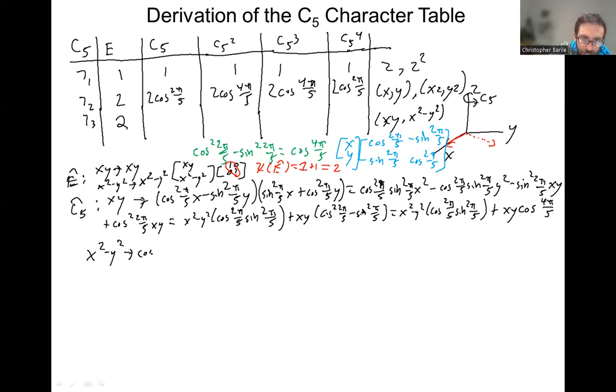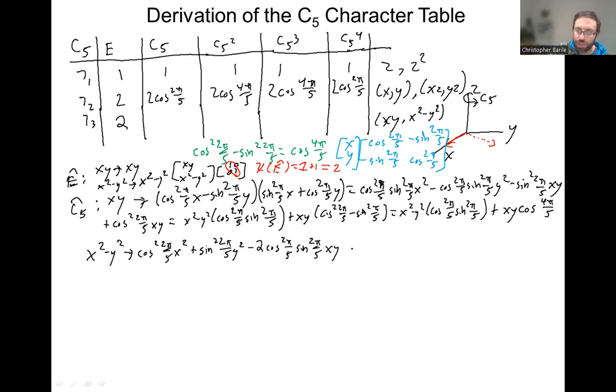So we're going to get cosine squared 2 pi over 5 x squared. Then we have the sine terms. That's going to be positive sine squared 2 pi over 5 y squared. And then we're going to have these two negative terms that are the same. That's what happens when you square things. You always have the two inner terms being the same. 2 cosine 2 pi over 5 times sine 2 pi over 5, and this is a mixed term, it's xy.